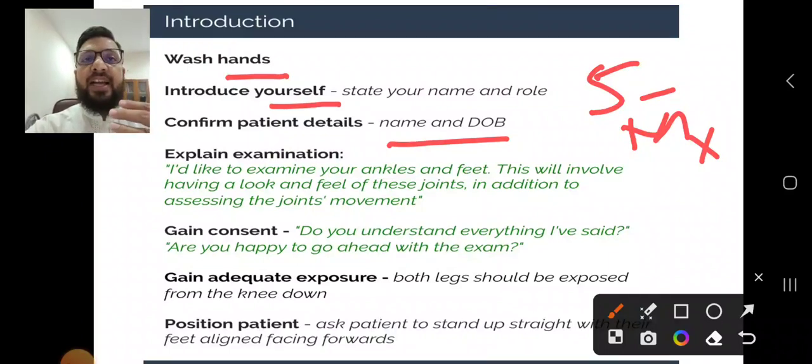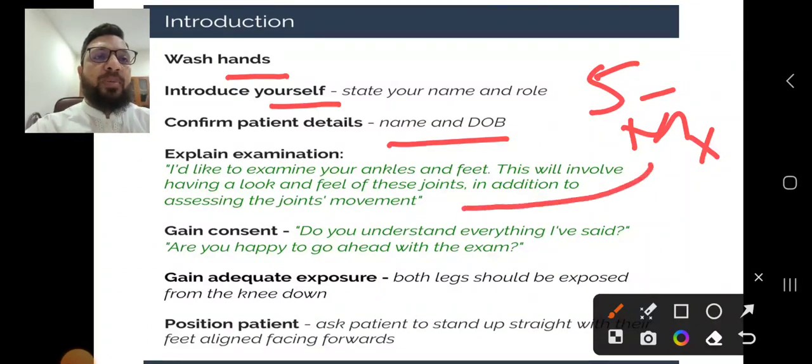And then you will explain your examination, what you are going to perform in the next 6 minutes, and you will say that for this I will have a closer look, then I will check your movement and also your walk, and I will feel, I will look, and I will perform some special tests, and I will also check for sensations and also for some reflexes. So after that, you have explained to the patient.